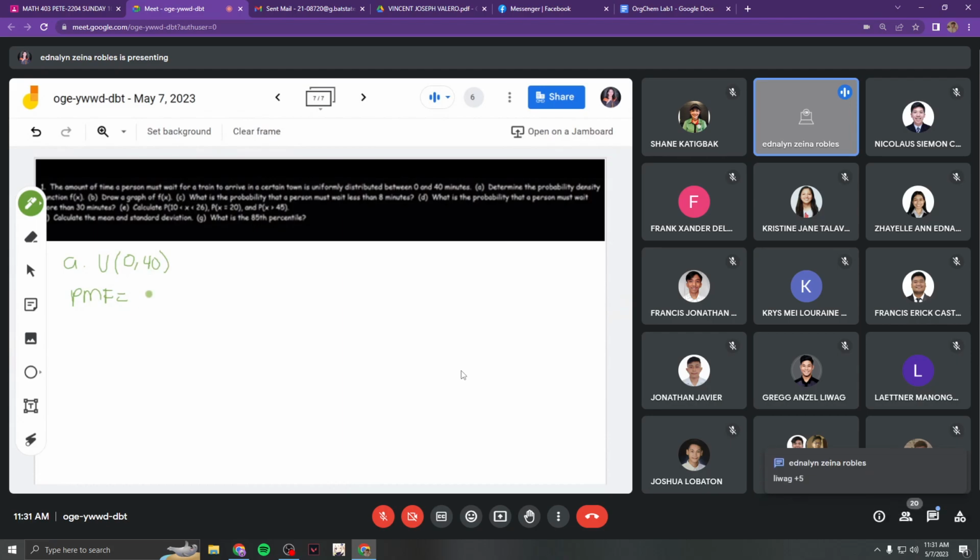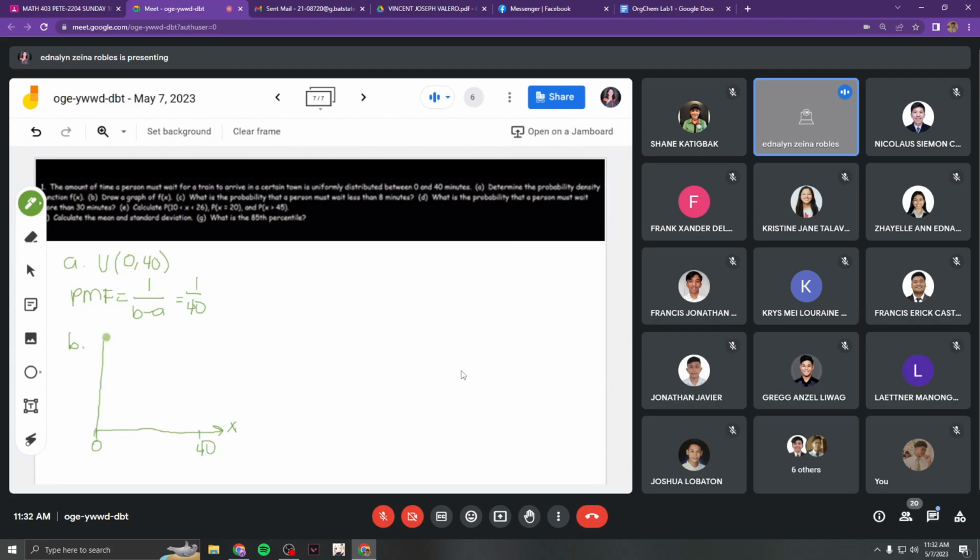Okay. So my PMF is 1/40, which is 1 over B minus A. So it is 1 over 40 minus 0, which is 1/40. So my PMF now is 1/40. And let us do the graph. This is my graph. I have X, whose values run from 0 to 40.